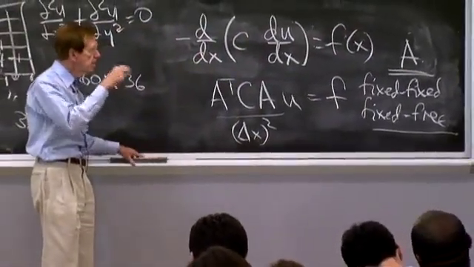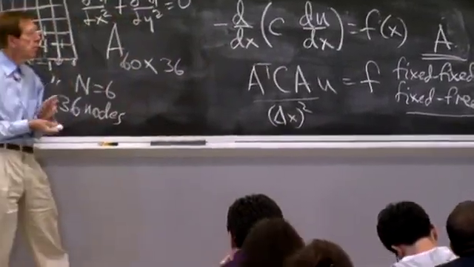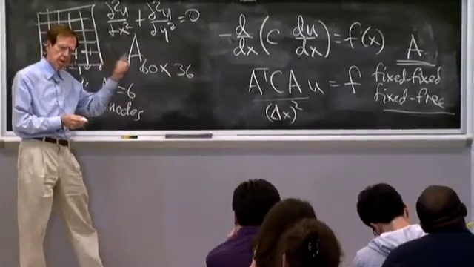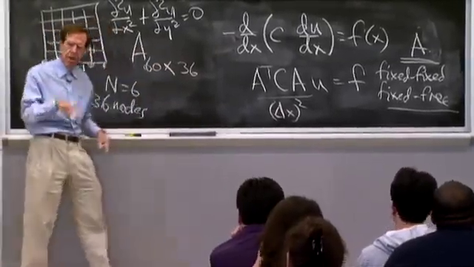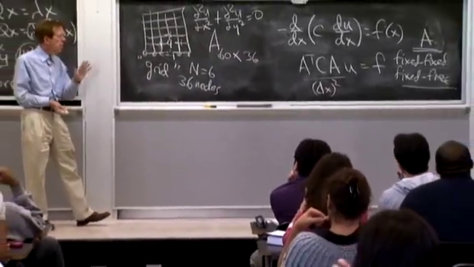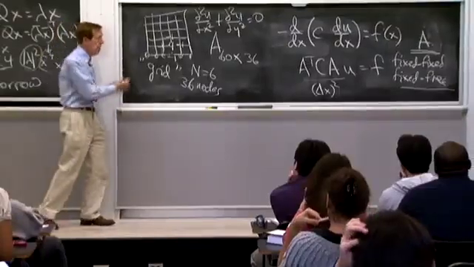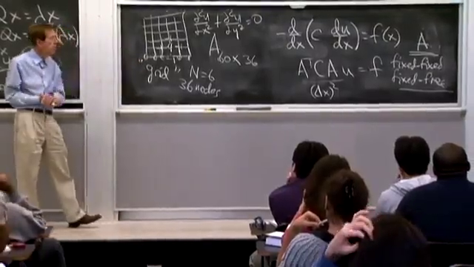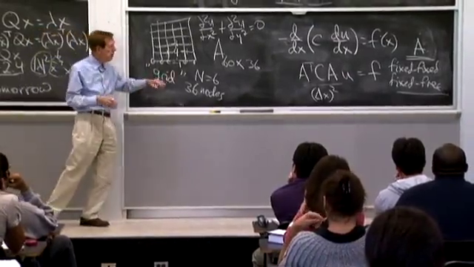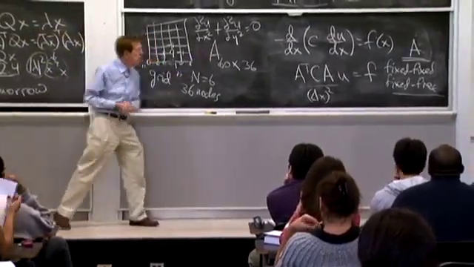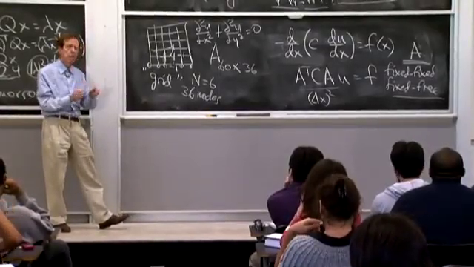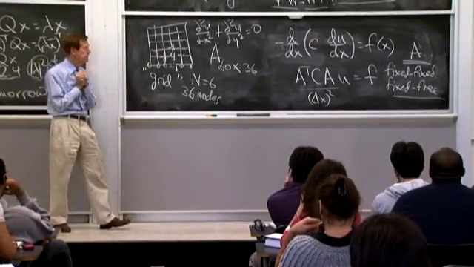A is the matrix that takes differences of the U's, and then A transpose A takes second differences. Of all the questions asked, this is the one most relevant for the exam and for what we've done so far. I got off on the topics that we look ahead to, but this is where we are. So that matrix A is a first difference matrix, and then you put in the boundary conditions.